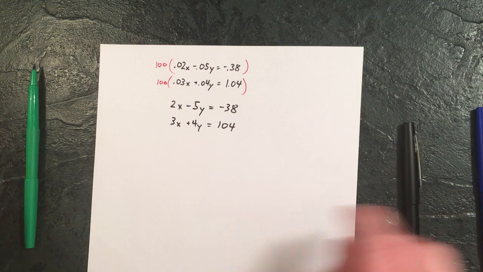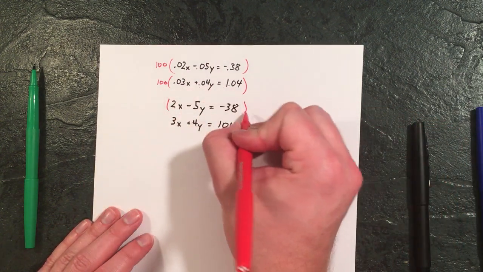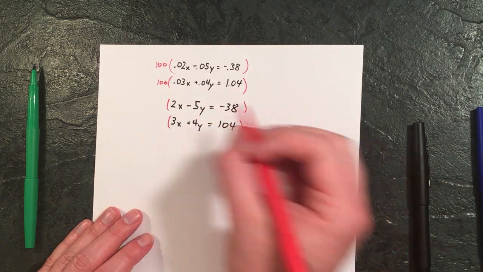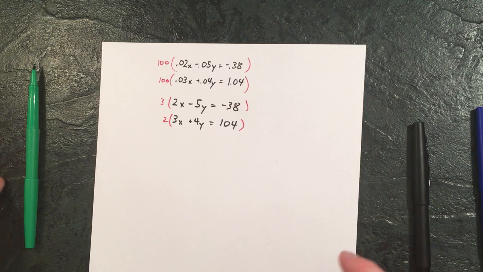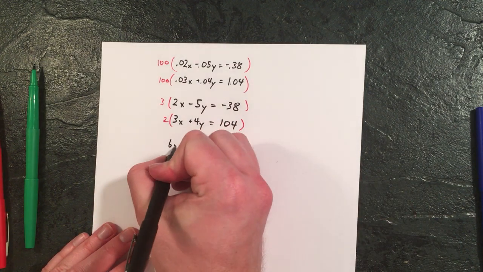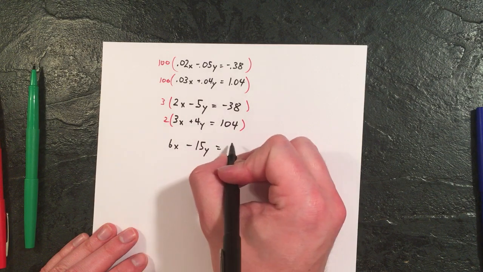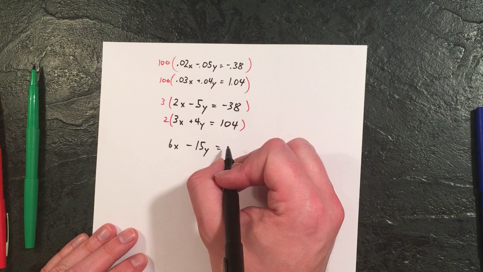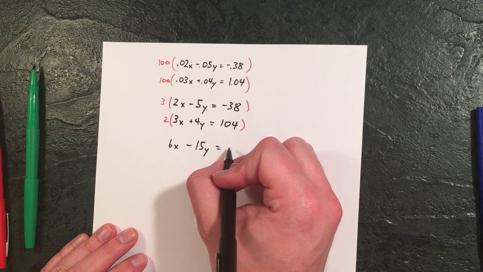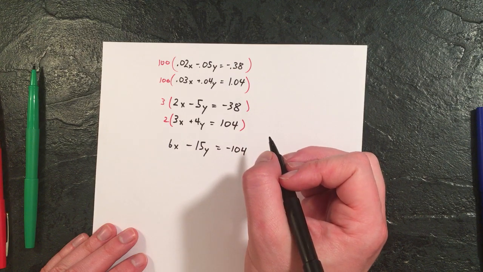Okay, let's try to make those x variables the same here. So in doing that, 6 is going to be the smallest number we can get to here. So I'm going to multiply the first one by 3, the next one by 2. 6x minus 15y equals, oh man, this is a big one, 90 plus 24, so negative 104, is that right?